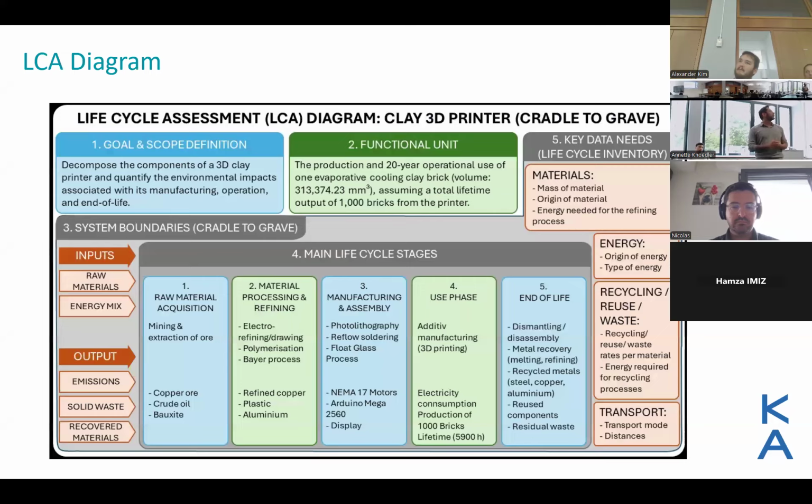The most important materials here were steel, aluminum, copper ore, crude oil, and oxides that are also used to make the aluminum. After that, the material processing and refining, and we checked some refining processes like electro refining, polymerization, also vulcanization to make rubber, manufacturing and assembly.